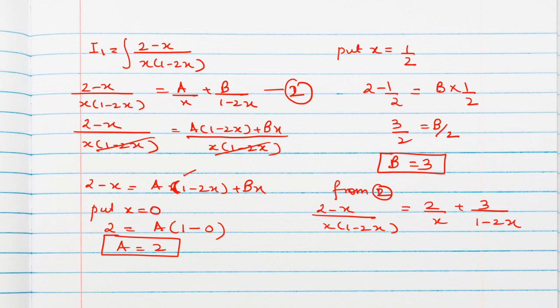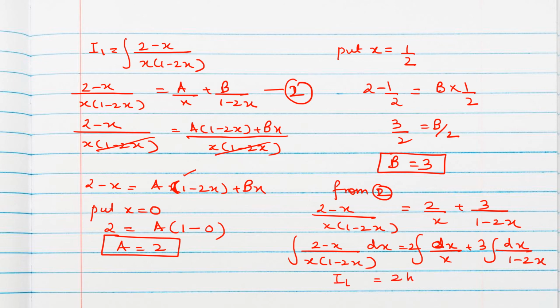Now apply the integral to 2 minus x by x into 1 minus 2x dx. Integral 2 we can write outside, dx by x, and here integral dx by 1 minus 2x. So this is I1.